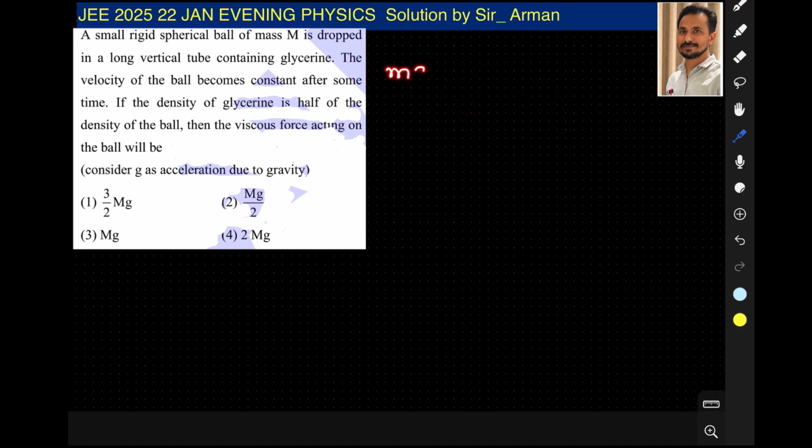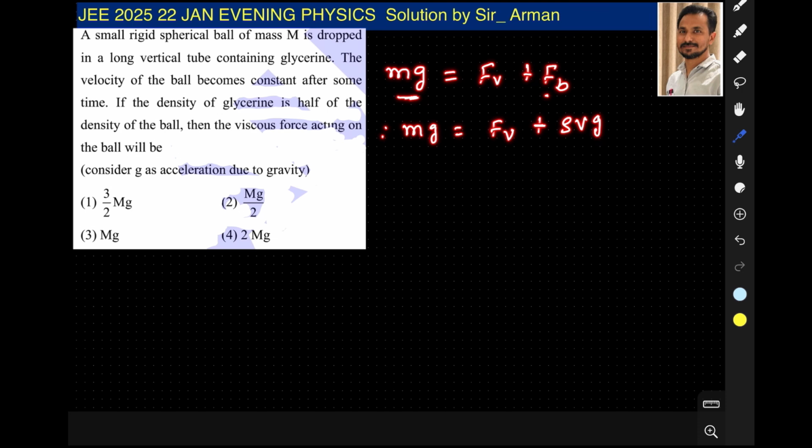We can write like this: mg is equals to viscous force plus buoyant force, because these two forces are balanced by mg. Now we can rewrite this: mg is equals to F viscous plus, now buoyant force is given by rho Vg, that is the density of the liquid into volume of the object inside into g.